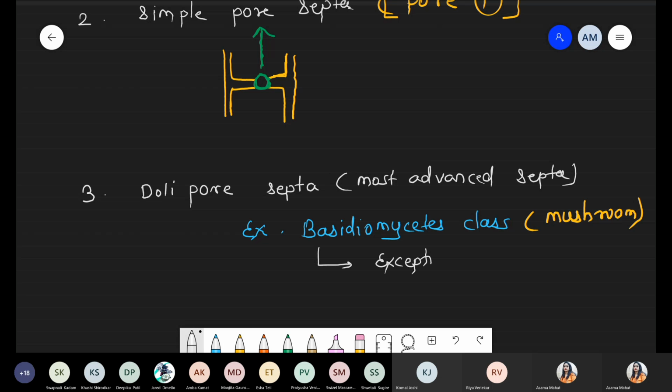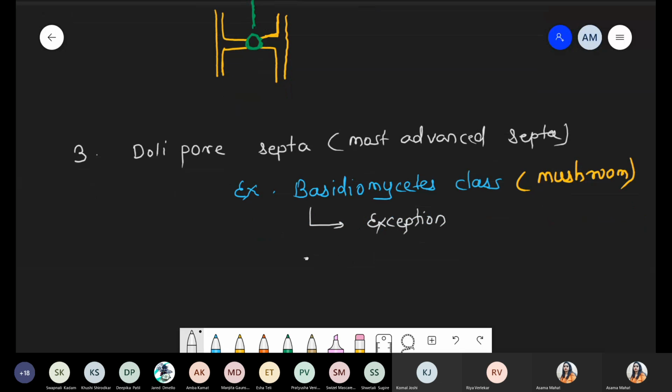Because in biology, there is never a rule without an exception. So we are talking about some exceptions. One example is rust fungi, and the other example is smut fungi.